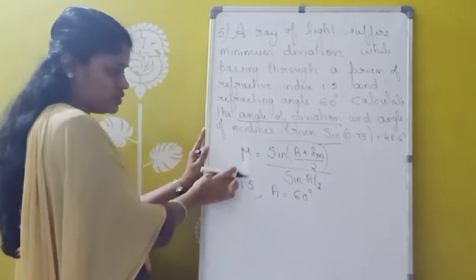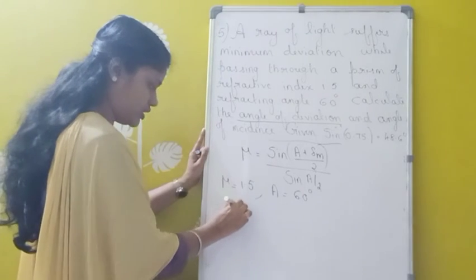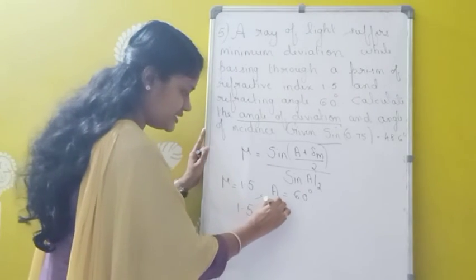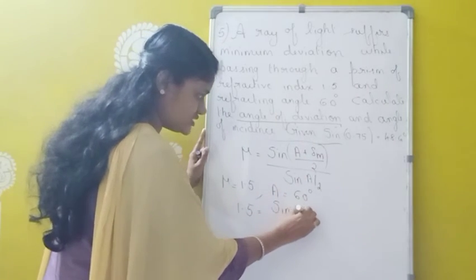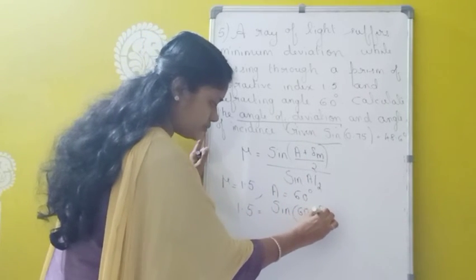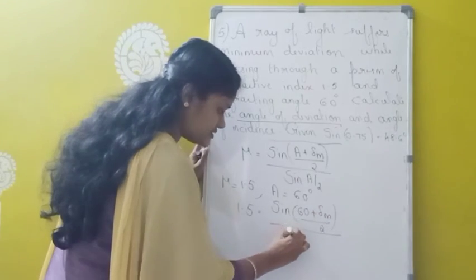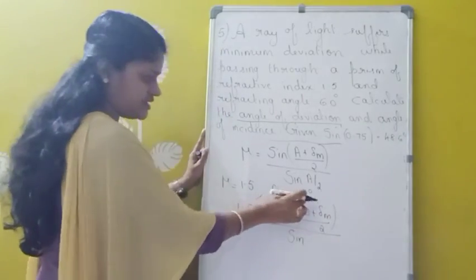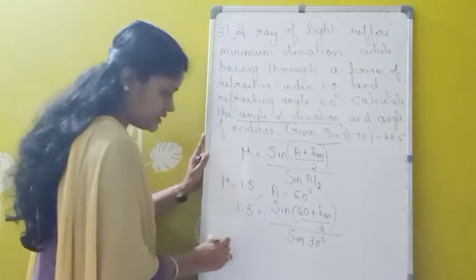Now, instead of mu, I am putting 1.5. So 1.5 equals sine of (60 plus delta m) divided by 2, the whole divided by sine A by 2. What is A here? 60. So 60 by 2 is 30, sine 30 degrees.